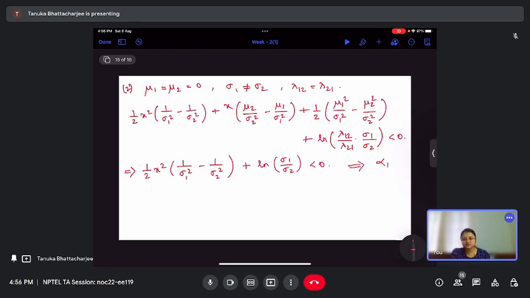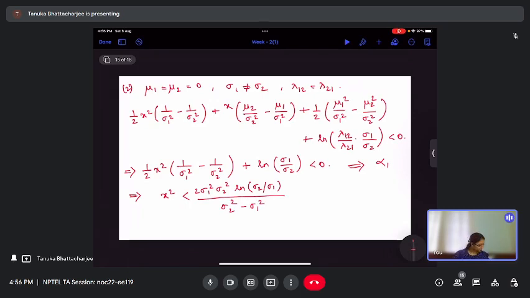You can further simplify this. If you keep x square to the left and take everything else to the right, it will become ln of sigma 2 by sigma 1, and if you take it on the other side, you have sigma 1 square, sigma 2 square, 2 by sigma 2 square minus sigma 1 square.